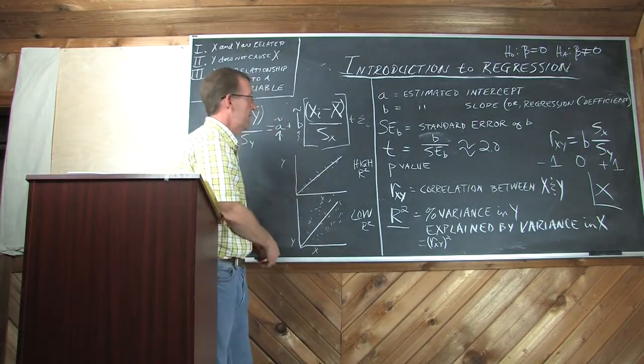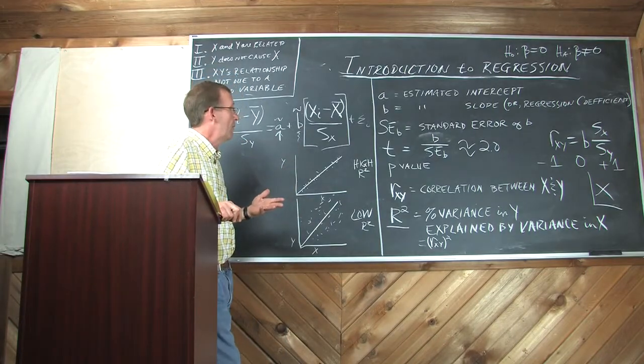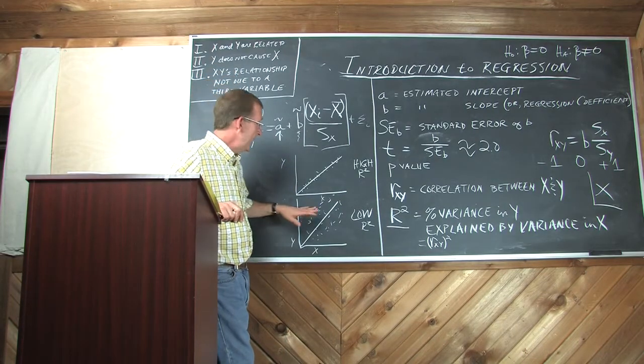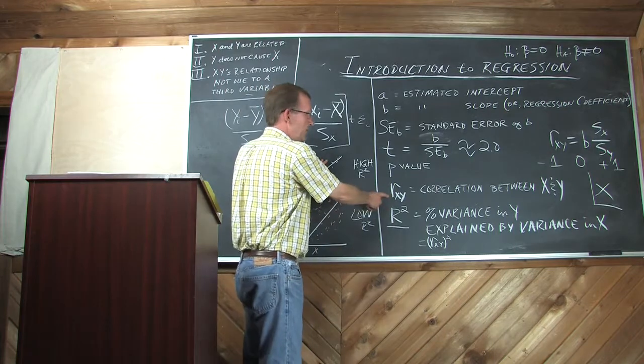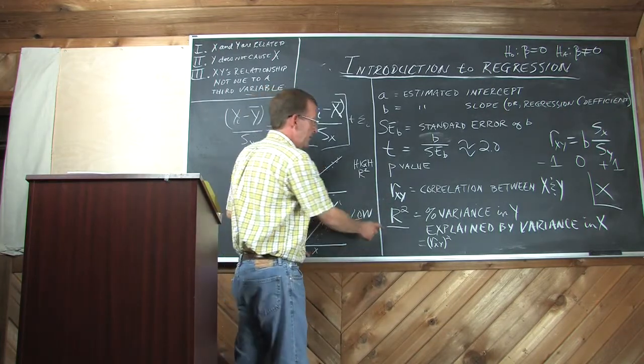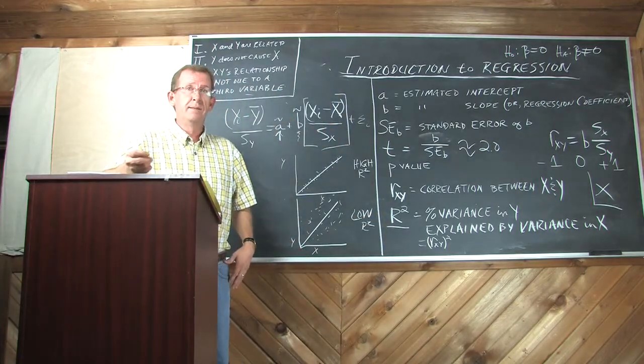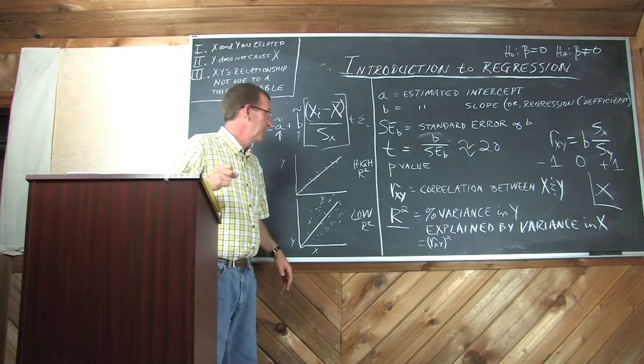Again, let's assume all the x's and the y's are measured on the same metric and that all of them are ratio level. In this circumstance, the correlation between x and y is going to be super high. And likewise, the square of it, R squared, the percent of the variance explained in y, is going to be high.